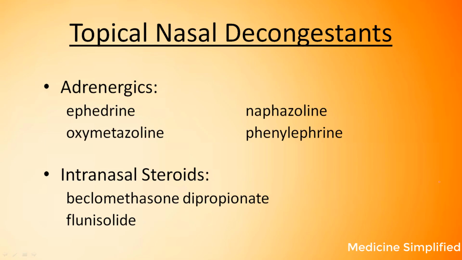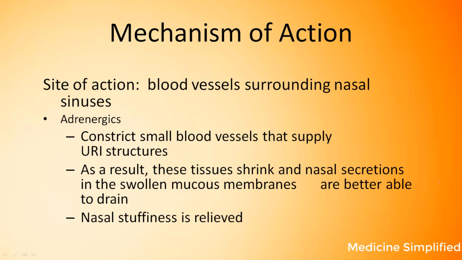Coming to the adrenergic ones, they are ephedrine, oxymetazoline, naphazoline, phenylephrine. Coming to intranasal steroids, beclomethasone dipropionate and flunisolide. What is the mechanism of action? Site of action is blood vessels surrounding the nasal sinuses.